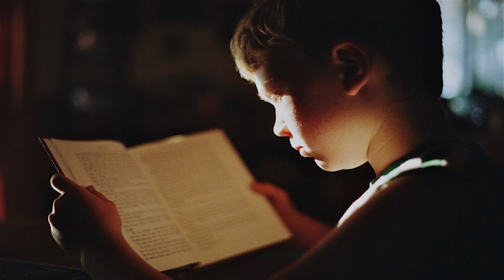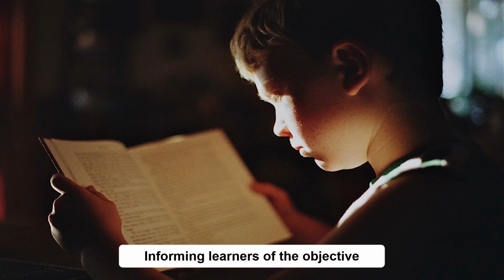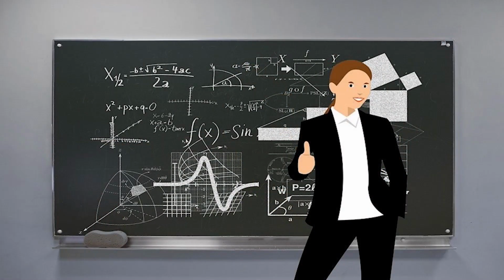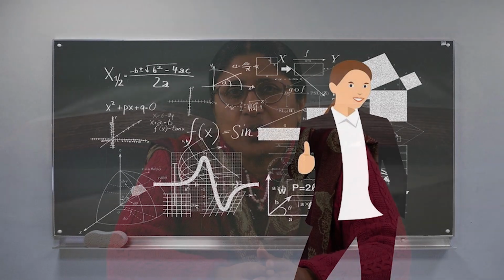Number 2, that is informing learners of the objective. You know very well that when we teach a lesson, there are predetermined objectives. Now, instead of objectives, we term them learning outcomes. But regarding the objectives, there should be some objectives that the learner should achieve after the process of instruction.